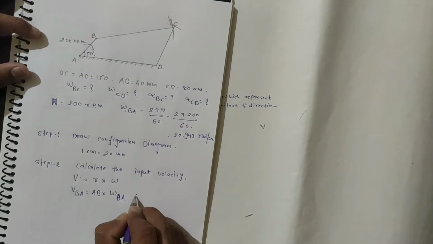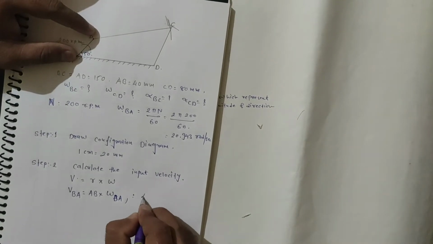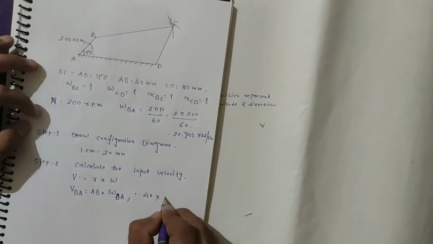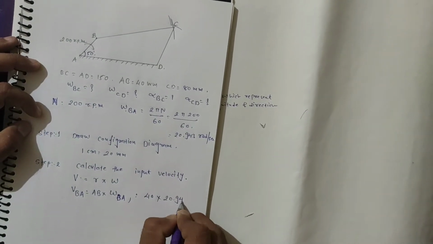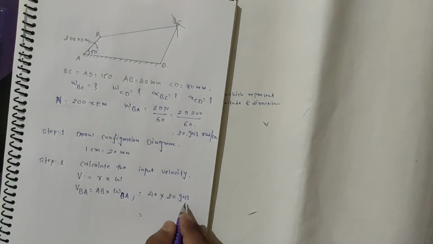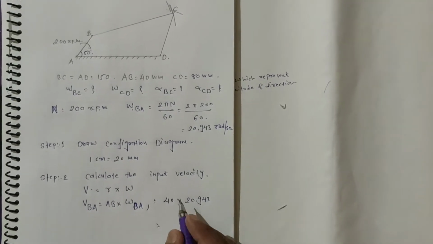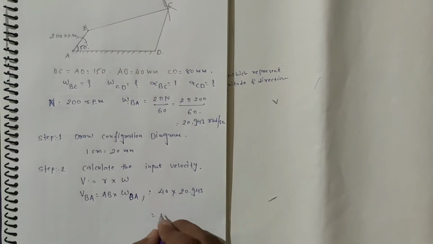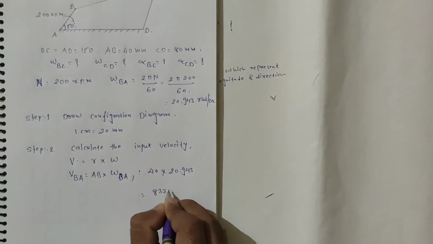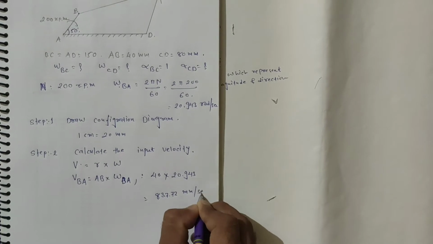So VBA is AB, which is 40 mm, times omega BA, which we calculated as 20.943 radian per second. The mm here and the radian per second give the final value by using a calculator: 837.72 mm per second.